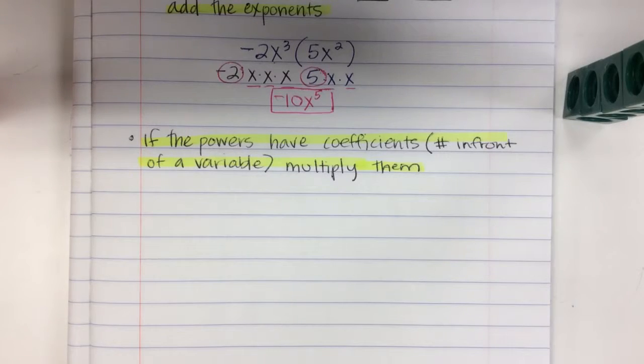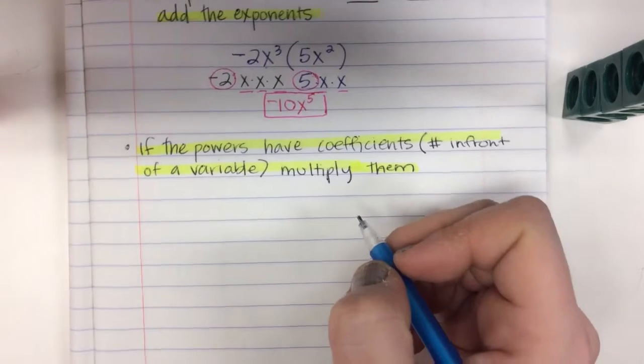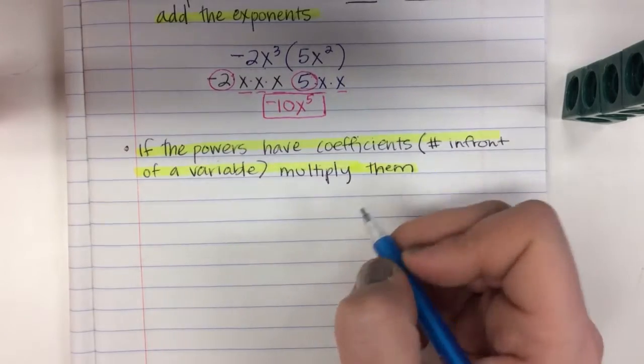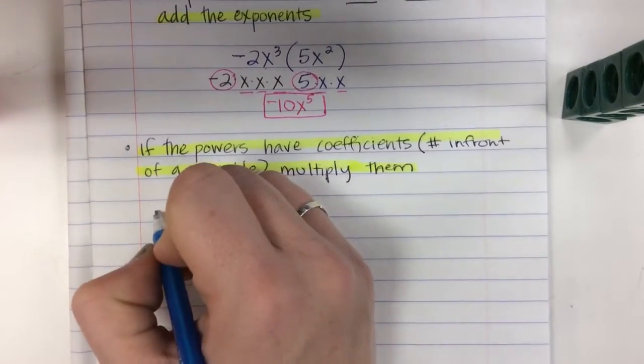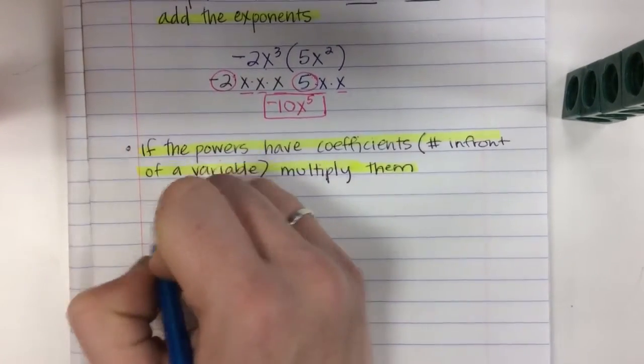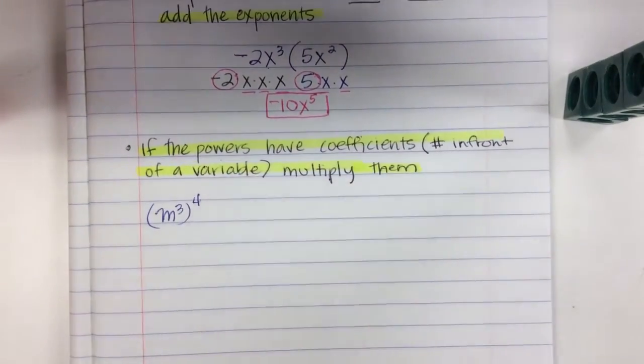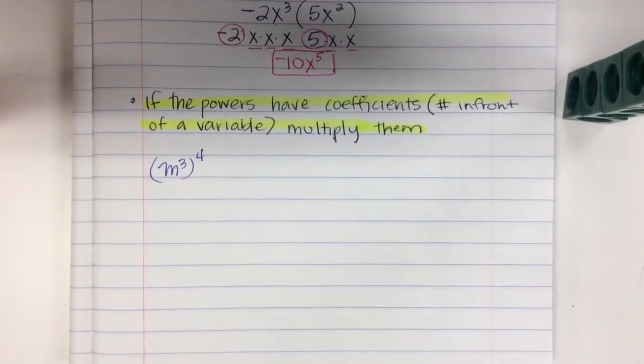All right, let's try another problem. What if I have m to the third to the fourth?